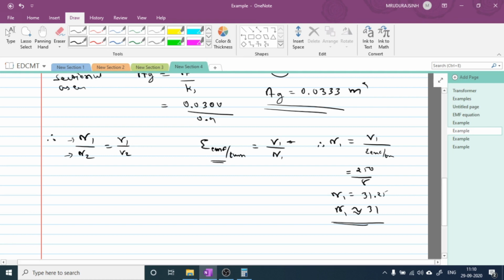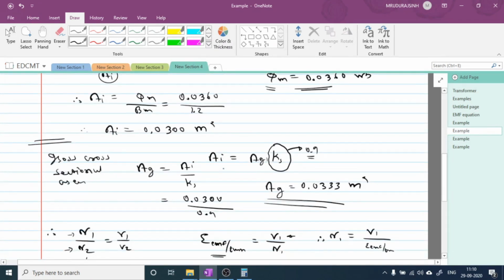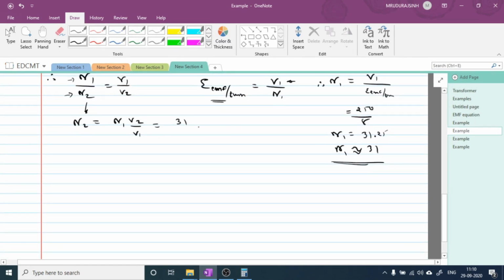Now these three quantities we know, and from this equation if we write the equation for N2, then N2 is equal to N1 into V2 by V1. N1 is 31, V2 is 3000. So 31 multiplied by 3000 divided by 250.